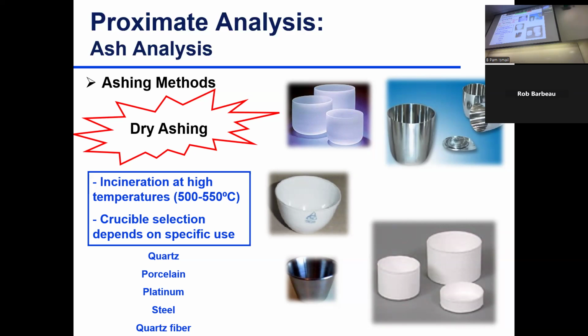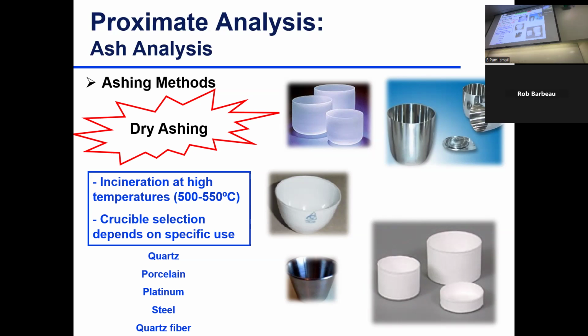Quartz, this is quartz. It also has similar stability to porcelain. It is more expensive as well, so we don't see it much in labs. Platinum is the most inert and the most expensive. Steel is cheap and it's stable with acidic food, neutral food, alkaline food.